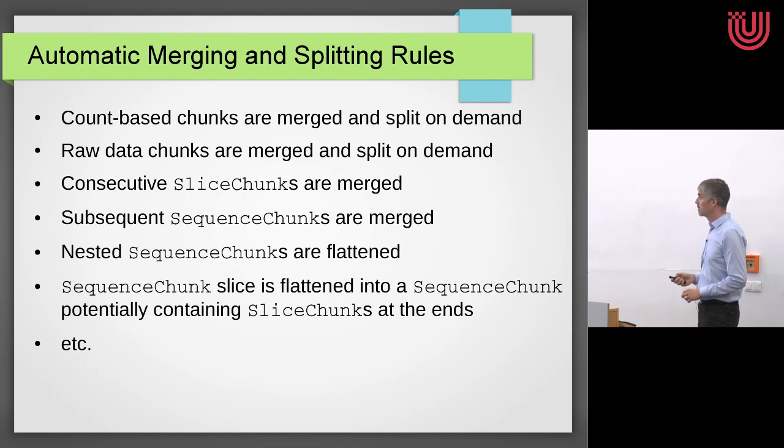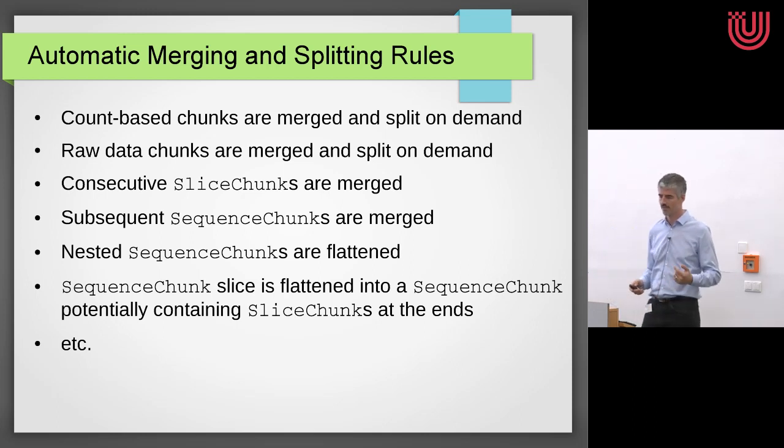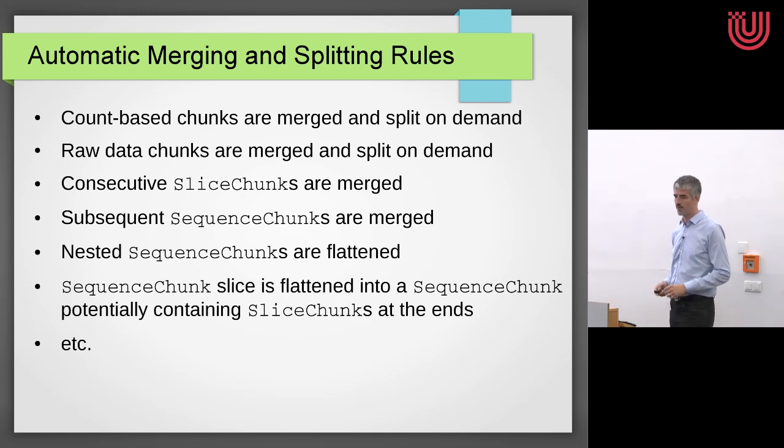For example, consecutive slice chunks are automatically merged, or this one is also interesting. There are a number of other rules. This is happening behind the scenes, so this is just to give you some idea how it works.